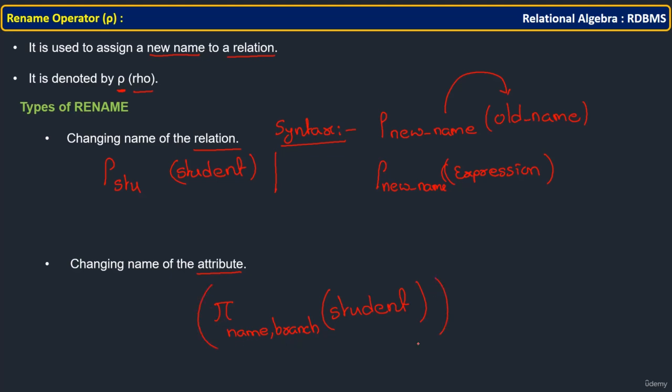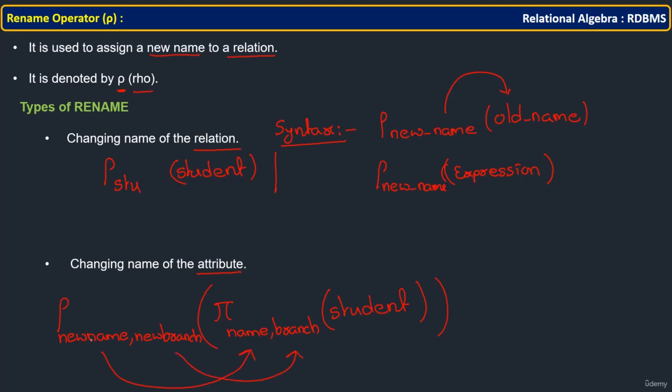At that time, here we are going to give the new names. For name, I am giving the new name, and for branch, I am giving the new branch name. So what is going to happen? However many names you give here, that many names exist there.